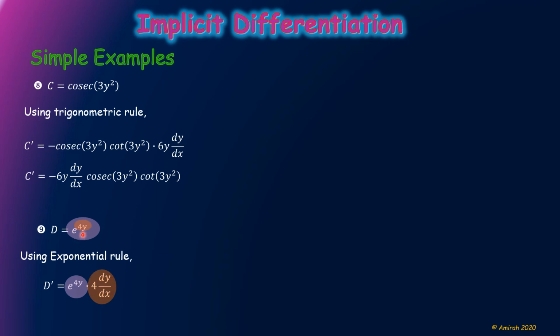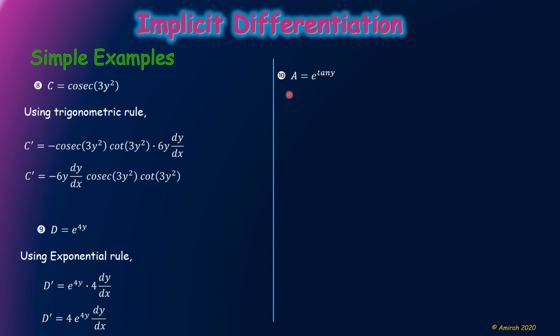But after that, we need to differentiate the exponent. We differentiate 4y, so we have 4 dy dx. Then we just rearrange, so we can put 4 in front: 4 e to the power of 4y dy over dx. Alright?